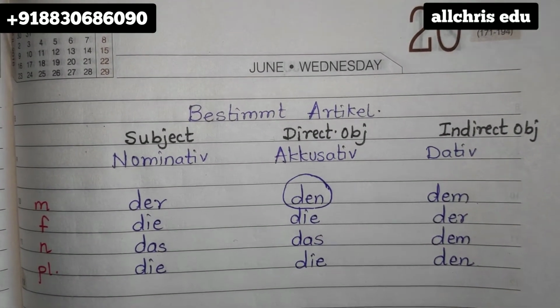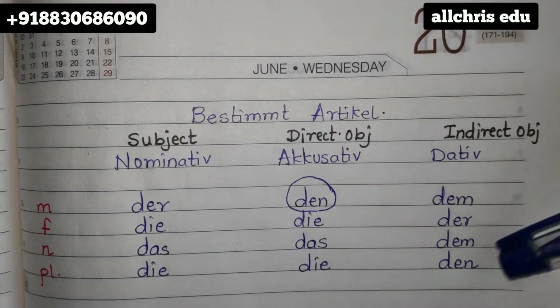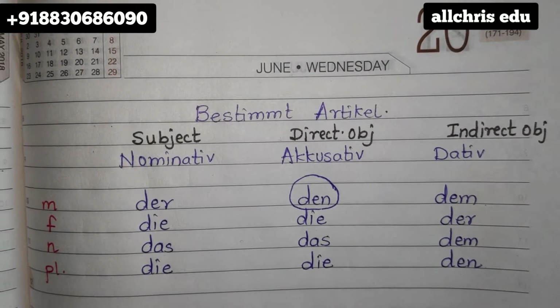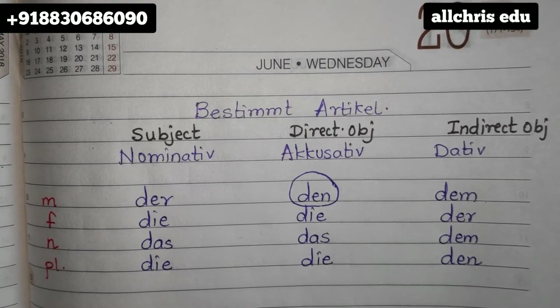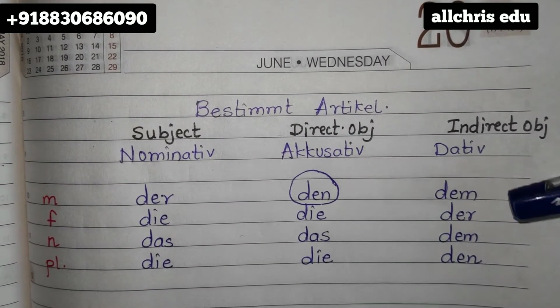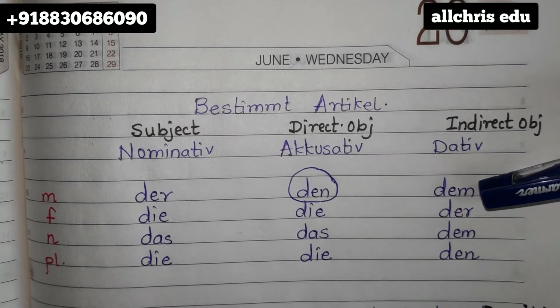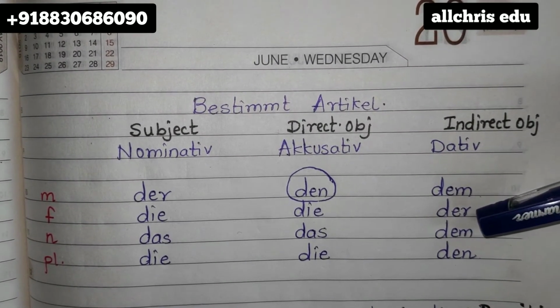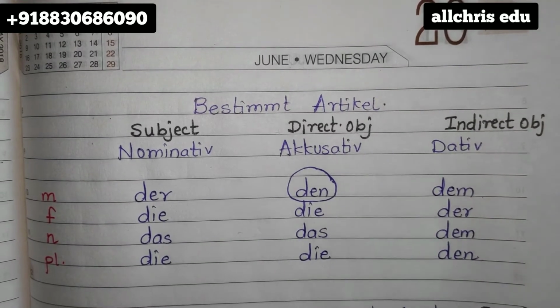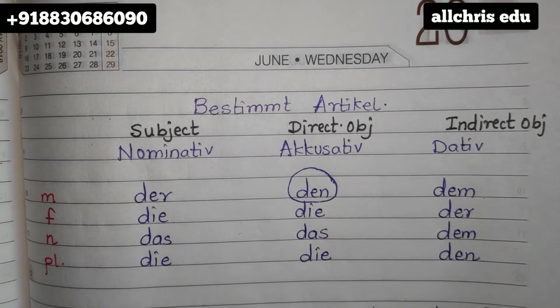In the third column, dative, you have to take a bit of effort in learning it. But students, only 4 words are there. I don't think that will be that difficult to learn. Dem, der, dem, den. So for male and neutral, the same article. For female, der. For plural, den.